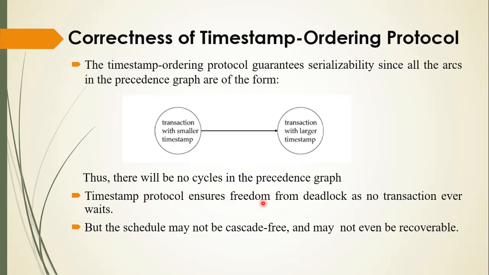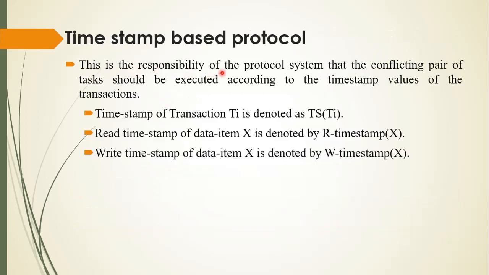Timestamp protocols ensure freedom from deadlock as no transaction ever waits. But the schedules may not be cascade free and may not even be recoverable. It is the responsibility of the protocol system that the conflicting pair of tasks should be executed according to the timestamp value of the transaction.